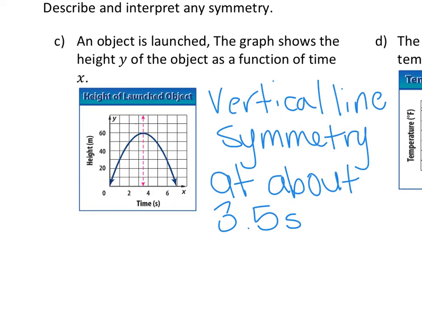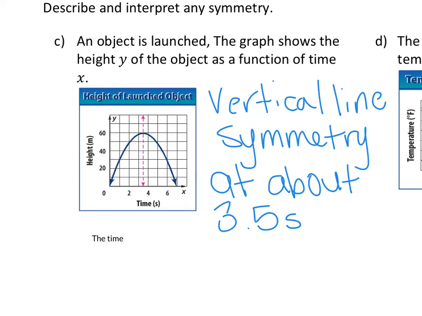And let's interpret that. So again, we're launching an object, we're throwing it up in the air, and then obviously the object, due to gravity, will fall down and hit the ground. So what this line symmetry is really showing us is that the time it took the object to go up is equal to the time it took to come down. So let's jot that down as our interpretation here.